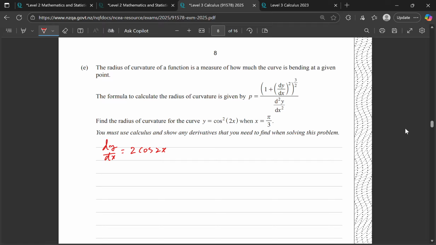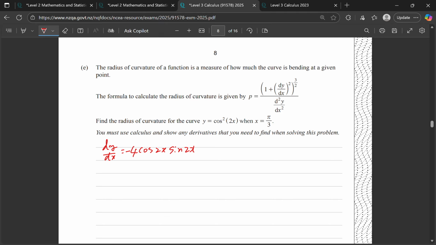So 2 comes from 2x, right? So I'm going to change this to minus 4 cosine 2x sine 2x. Okay, so I repeat, when you differentiate cosine squared 2x, first of all, 2 cosine 2x times minus 2 sine 2x gives you this.